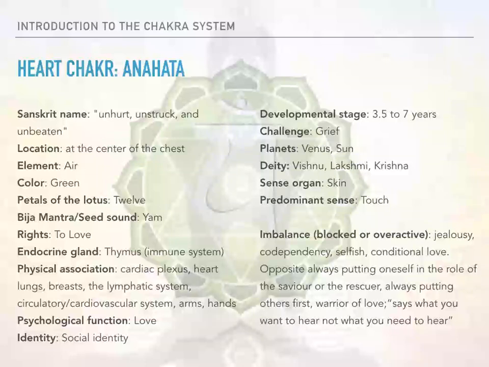The physical associations are, of course, the cardiac plexus, the heart, the lungs, breast, the lymphatic system, the circulatory and cardiovascular system, arms and hands. So in our arms, we have the meridians running alongside the thumb side of our arm and the pinky side of our arm.